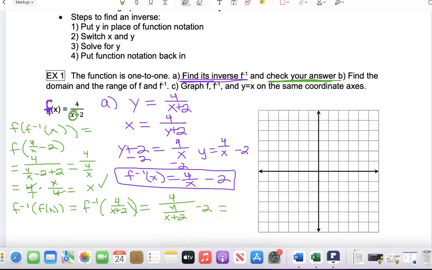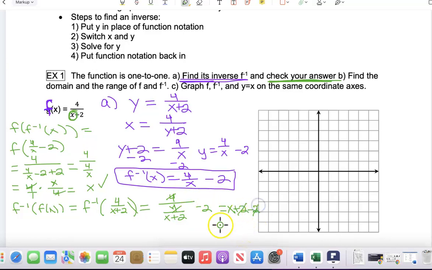And I know someone had asked me in class that if you knew they canceled out, could you just cancel them? Yes, in this case, we know it's going to be 4 over 1 times x plus 2 over 4, meaning that we know the 4's are going to cancel, so that's fine. But you do need to write out the next step because that's going to give me x plus 2, and then I've got the minus 2 on the end.